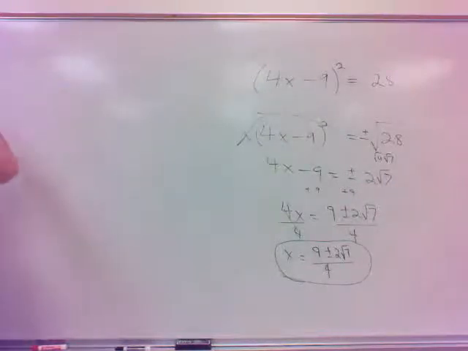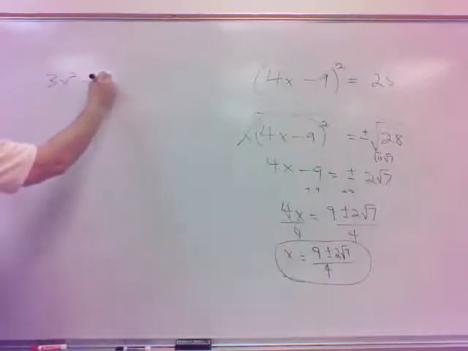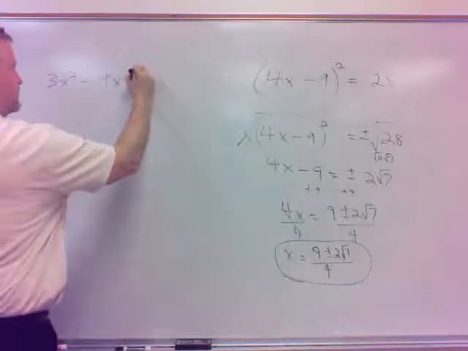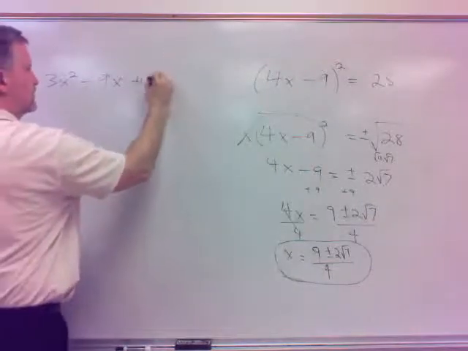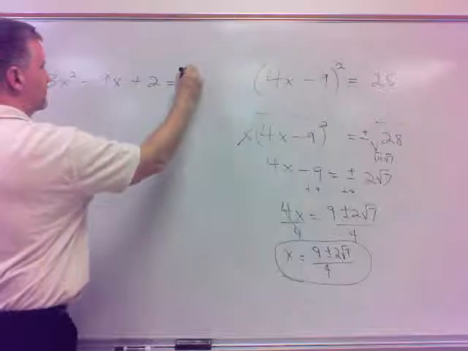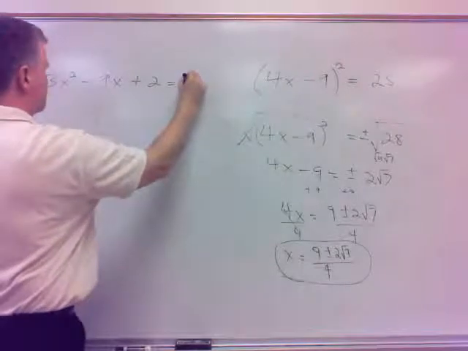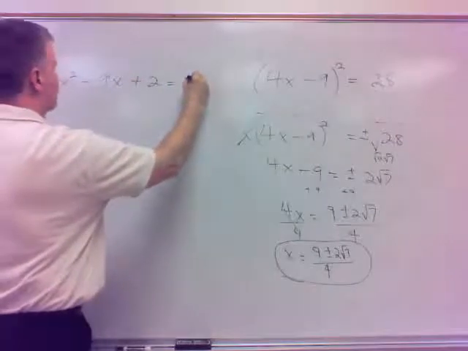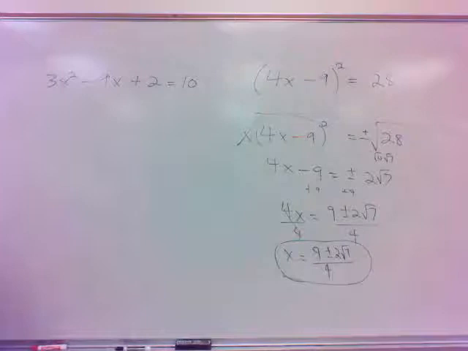Say I had 3x squared minus 9x plus 2 equals 10. 3x squared minus 9x plus 2 equals 10. Okay?